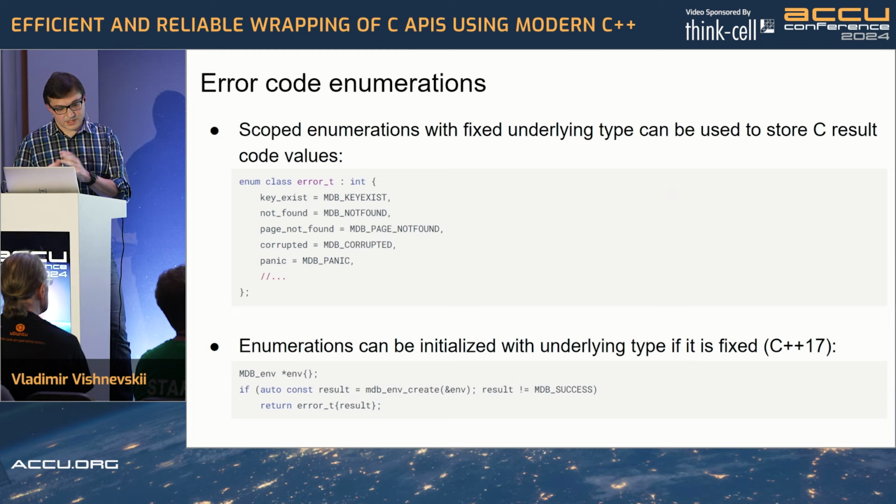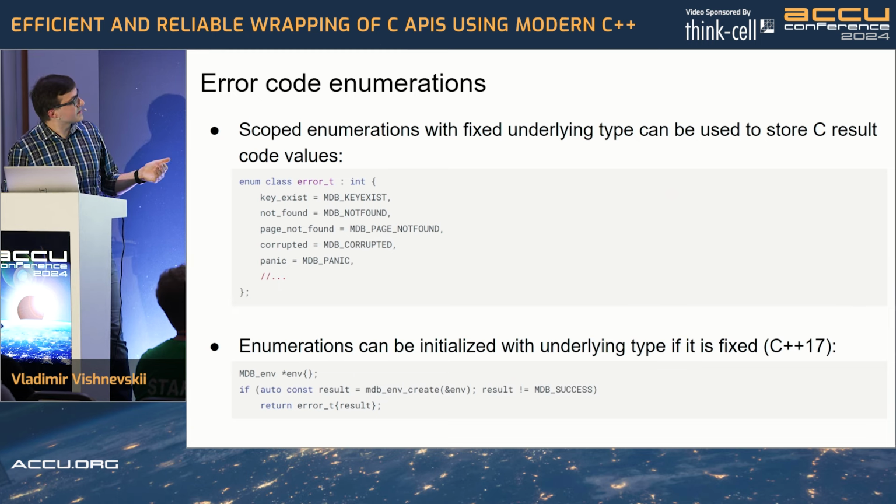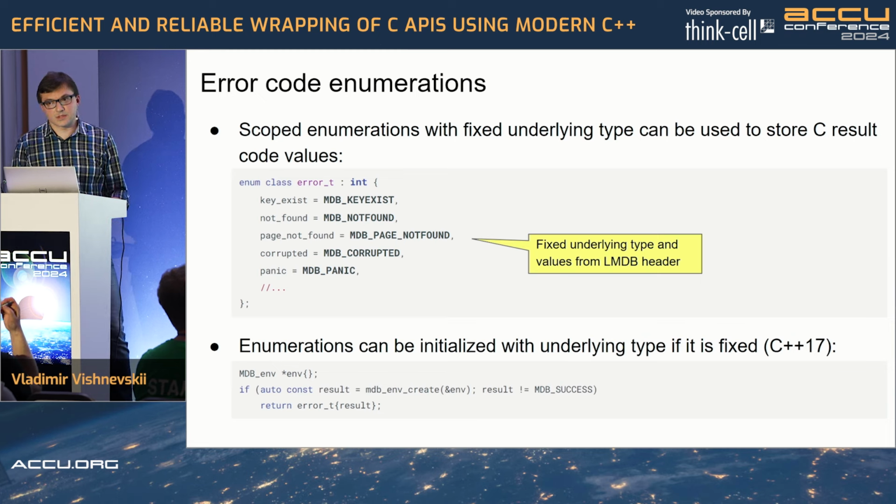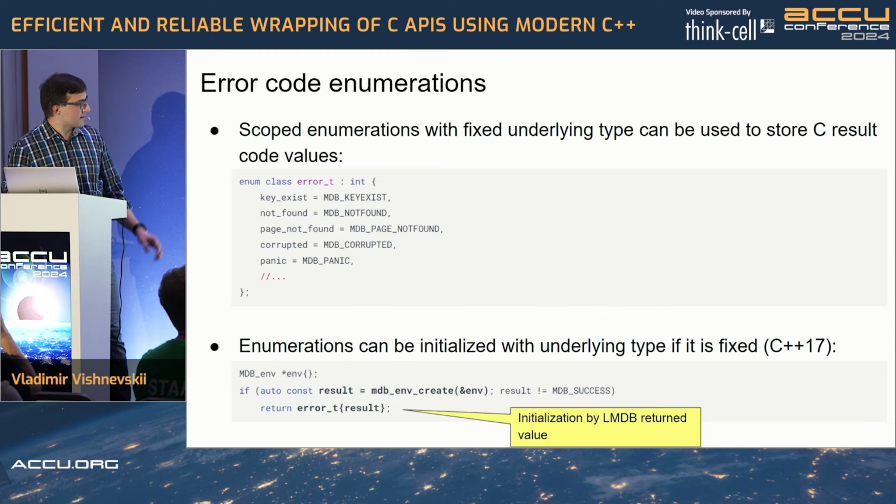And the simplest way to translate those error codes from C API to C++ API would be to use a scoped enumeration with the underlying type that corresponds to the type that is used to report errors in our C API. We can then assign the values correspondingly, from C API to the C++ scoped enumeration. And what is convenient is that starting from C++17, we can explicitly create the enumeration from the underlying type.